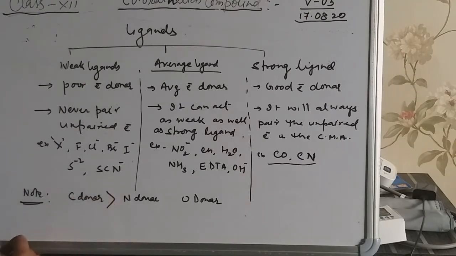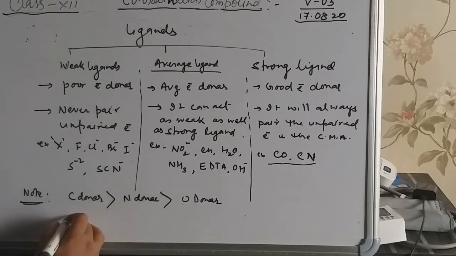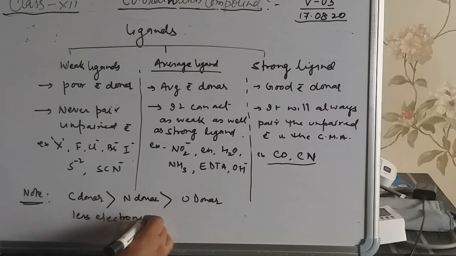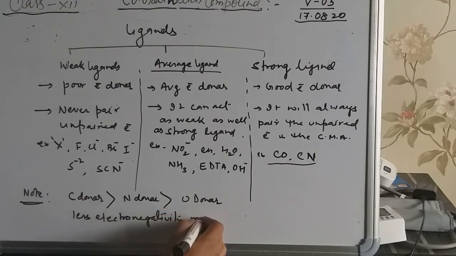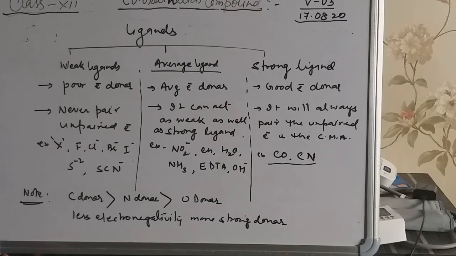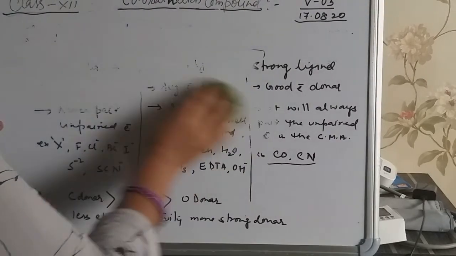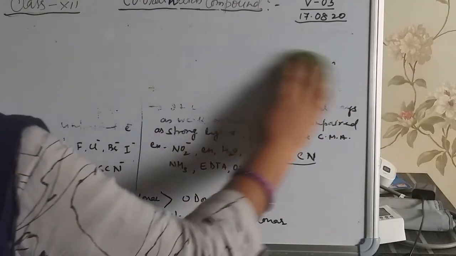So carbon donor is more electron donor in comparison to nitrogen, in comparison to oxygen. On the basis of less electronegativity, more strong donor. So in this way you can simply classify the types of ligands with the properties of valence bond theory.